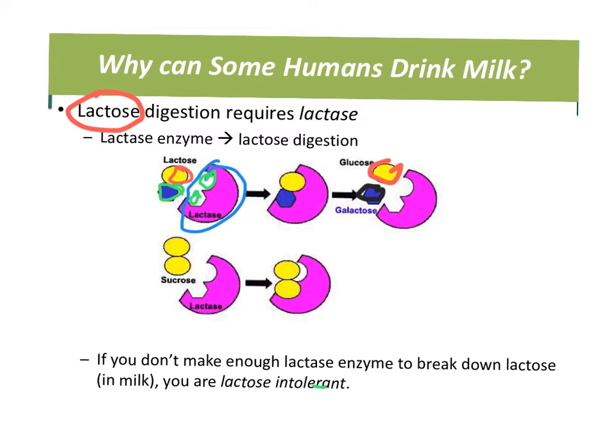Babies could drink it, but adults couldn't because they weren't making lactase. However, it turns out that a lot of humans were still using milk, but they were changing it. They were using fermentation, a different process, to turn it into cheese, which turns it into a combination of fat and glucose that can be broken down.